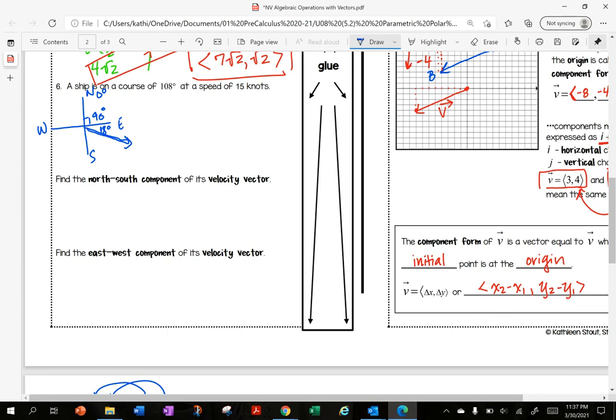Okay, so the north-south component is my y, or my vertical component, and my east-west component is my x. So while I'm talking about compass directions when I'm drawing this, when I'm applying the trig, I have to use it in standard math. So I am setting this up, solving for x and y.